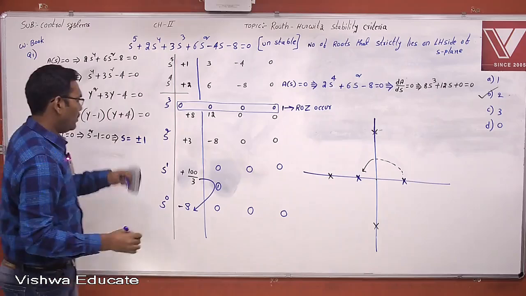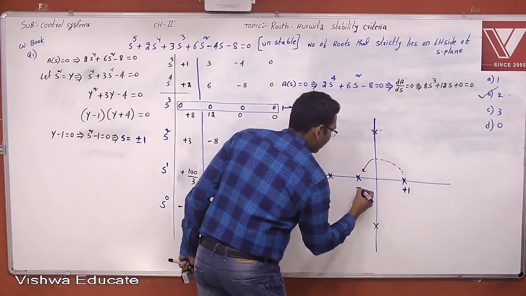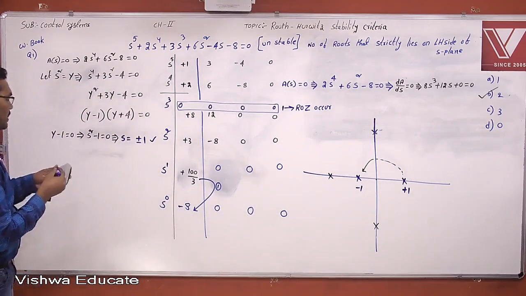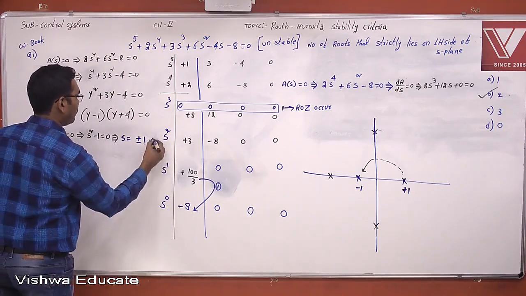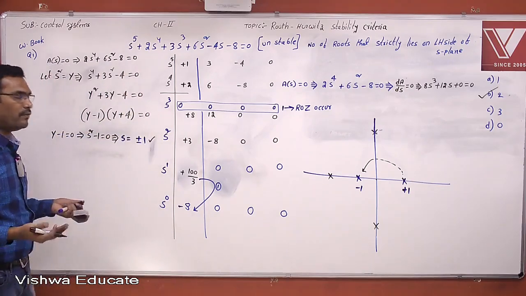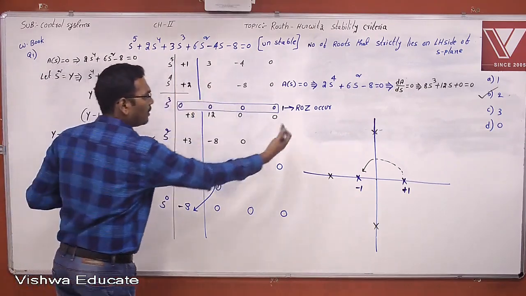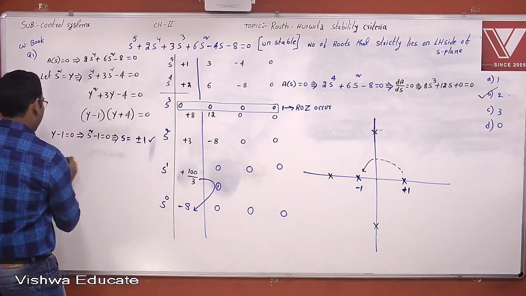First you write this: plus 1 and minus 1. Is it correct or not? Plus 1, minus 1 is sufficient. It will take time, but if 1 or 2 marks are given, then you have to do it. You can directly do it, not only by the tabular method. Anyway, I am doing this for clarity purposes.